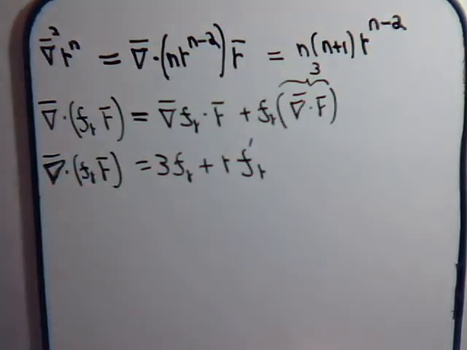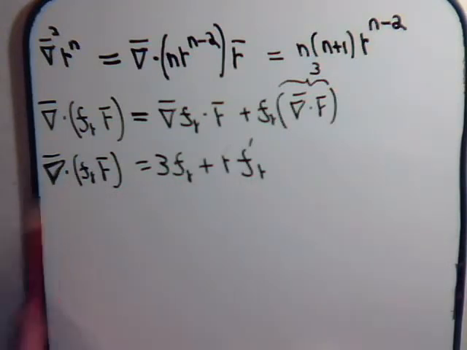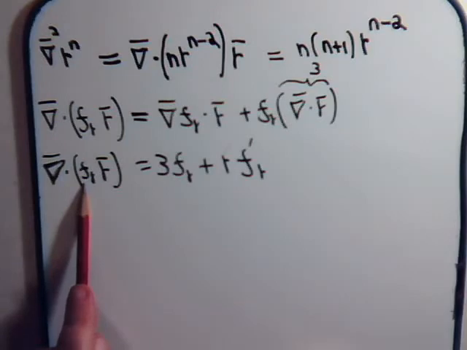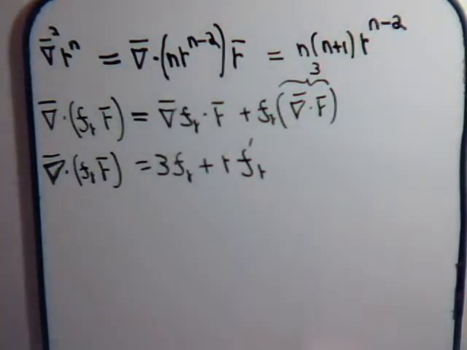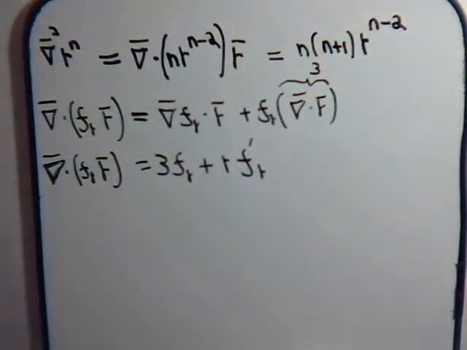So you see here is a general formula when we have a position vector multiplied by a scalar quantity, but that scalar quantity itself is some function of r.